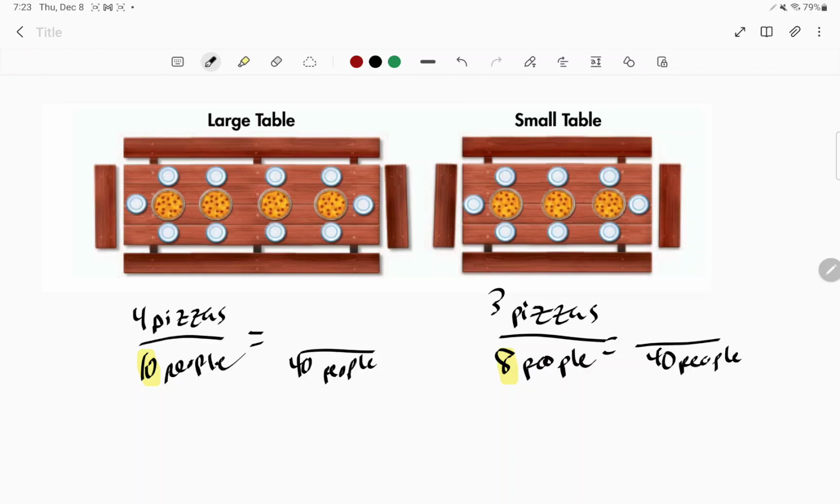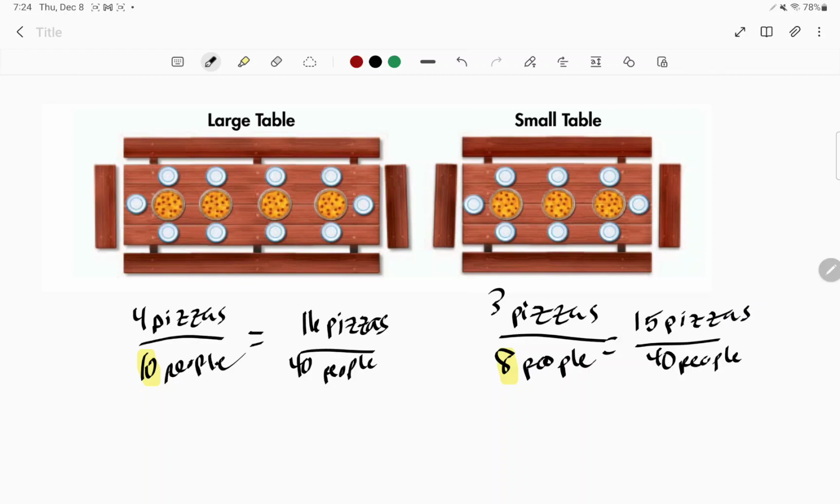So now let's figure out, if the large table had 40 people, how many pizzas would they get? Well, I multiplied by 4 to go from 10 to 40 here, so I would do the same thing up here. At the large table, we would get 16 pizzas to 40 people. And at the small table, here I multiplied by 5, so I would do the same thing up here. 3 times 5 is 15. So if there were 40 people at the small table, the table would get 15 pizzas.